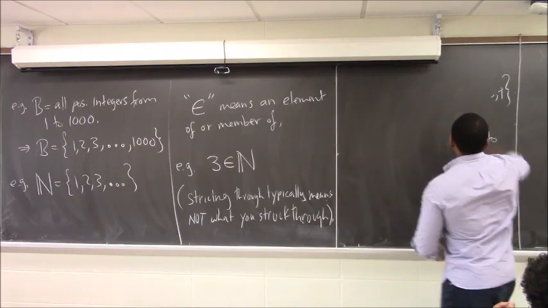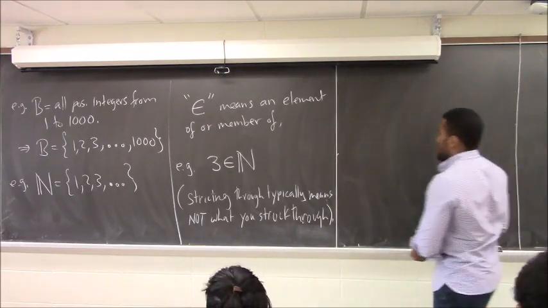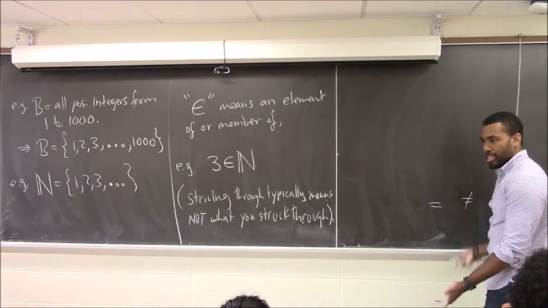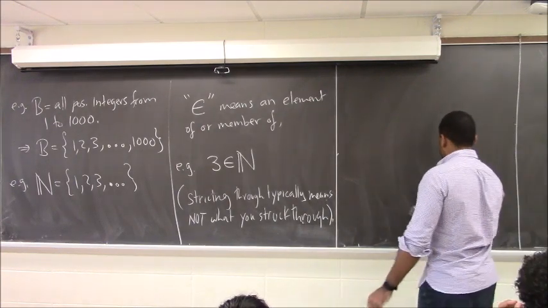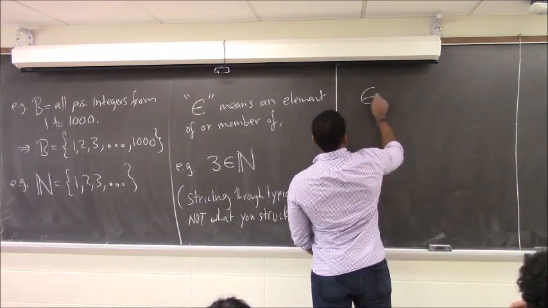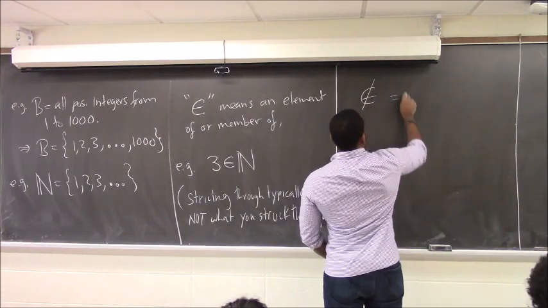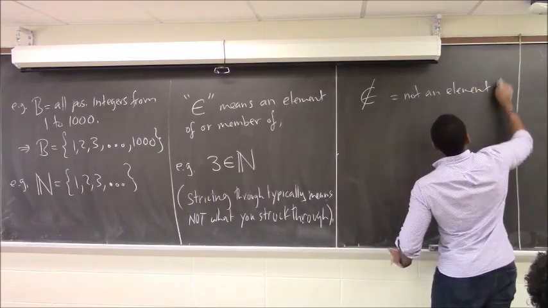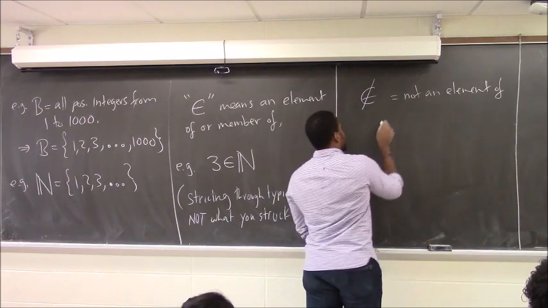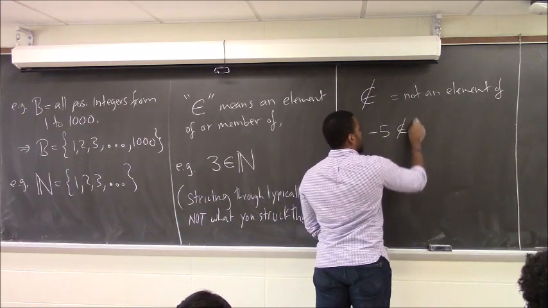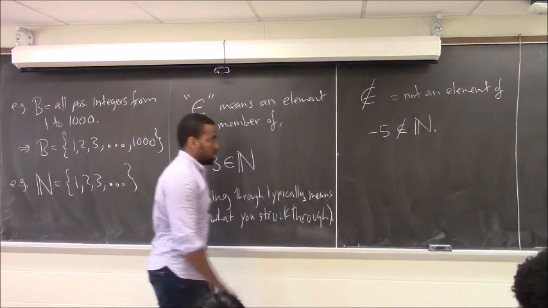I mean the opposite. Right? So for example, you've seen this before. This is equal, this is not equal. Right? You just strike through it. That principle is a kind of standard thing to do. So if I write this, it means not an element of. So I can say -5 is not an element of the natural numbers. Right? That's a statement I can make.